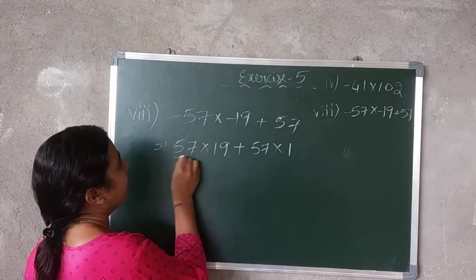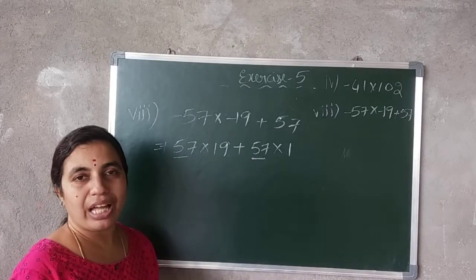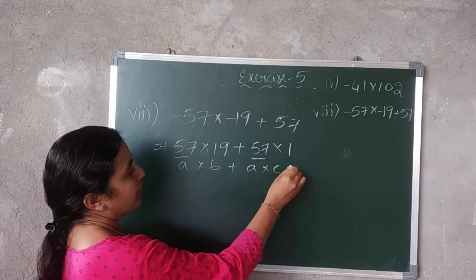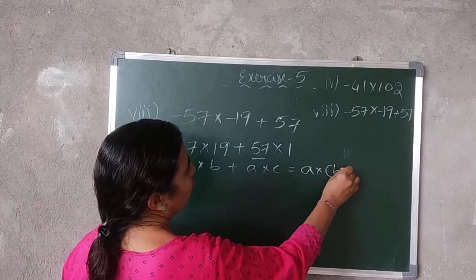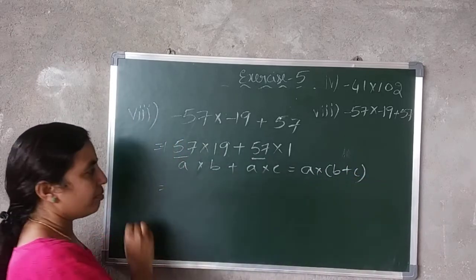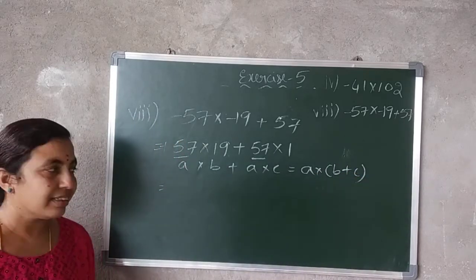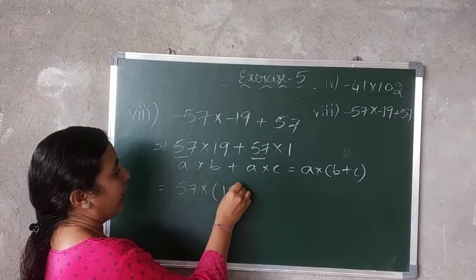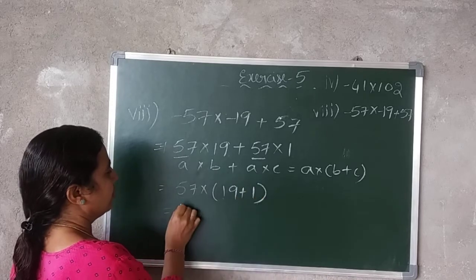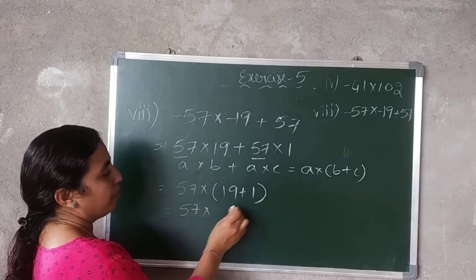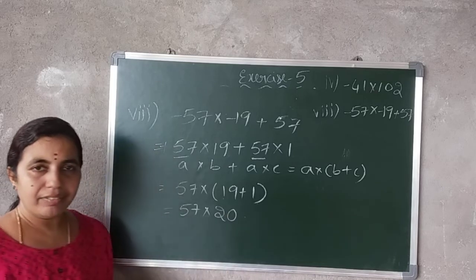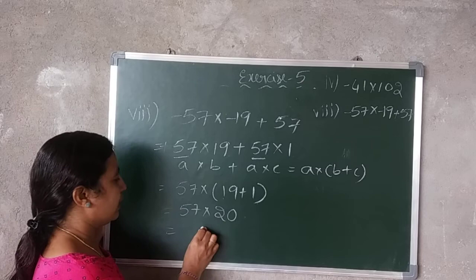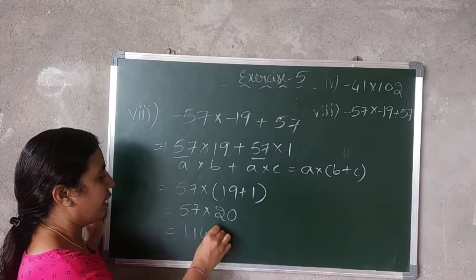Now see, here 57 and here 57. Both are the same. This is in the form of A into B plus A into C, which can be written as A into B plus C. So A is what here? 57 into 19 plus 1. 19 plus 1 is 20. 57 into 20. 2 7s are 14, then 10 and 0.